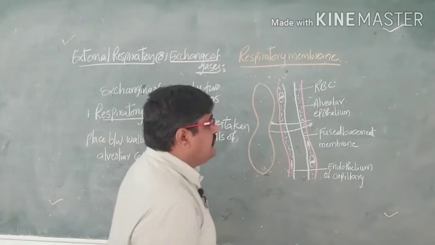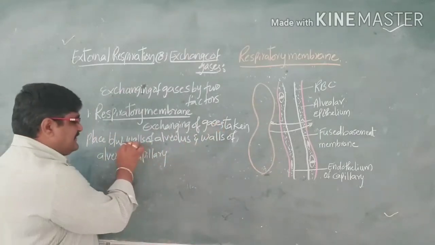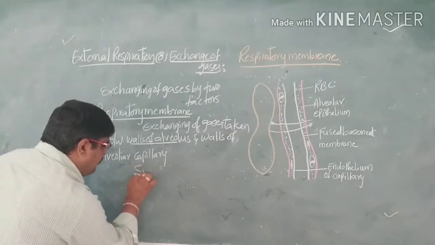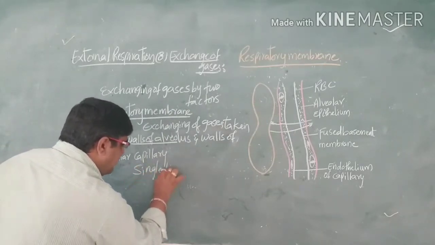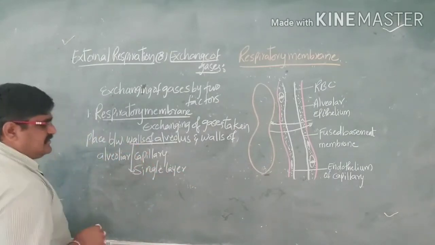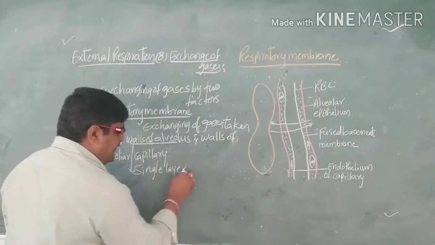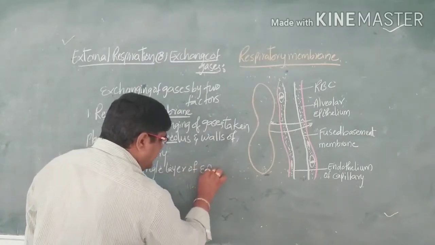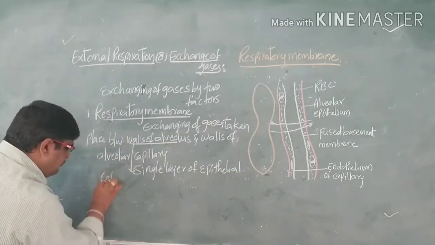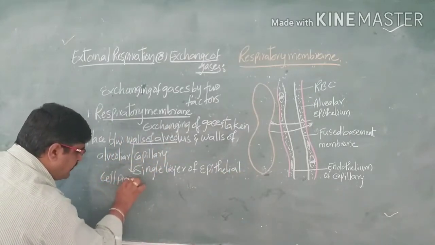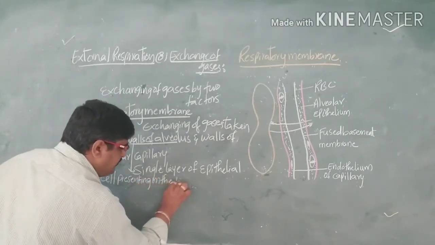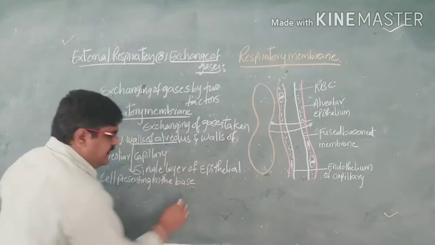The walls of the alveolus are made up of a single layer of epithelial cells presenting on the basement membrane.